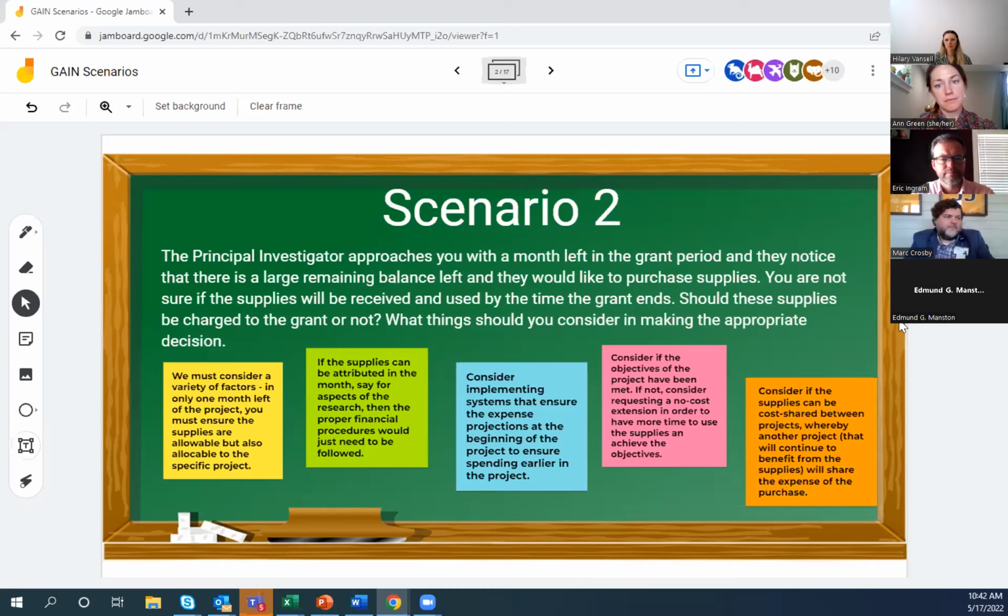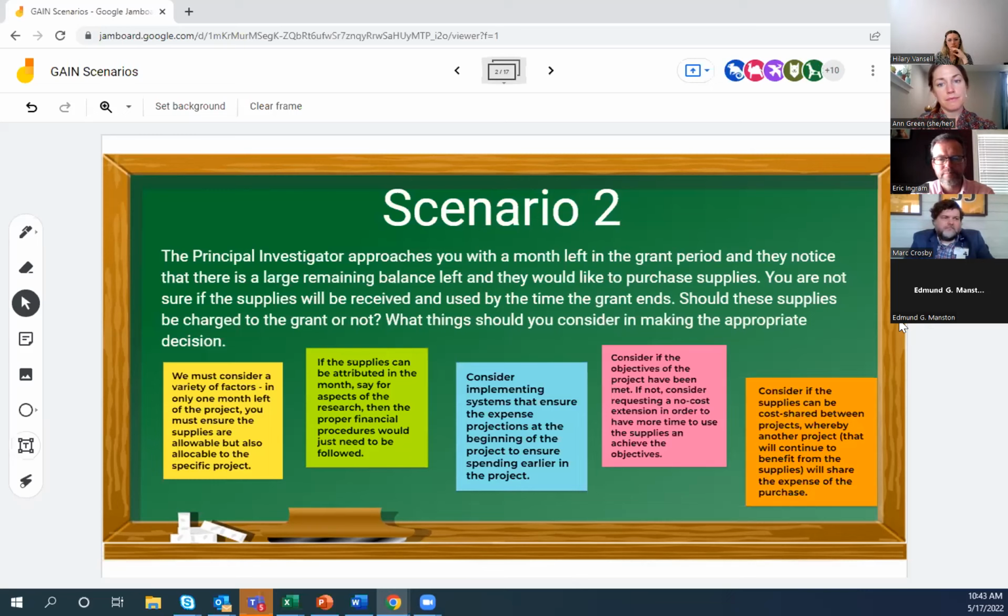Another point was to consider implementing systems that ensure expense projections at the beginning of the project, to ensure the relevant spending earlier in the project. We also said that we must consider if the objectives of the project have been met. If not, then of course there's a need to request a no cost extension in order to have more time to use supplies and achieve it.